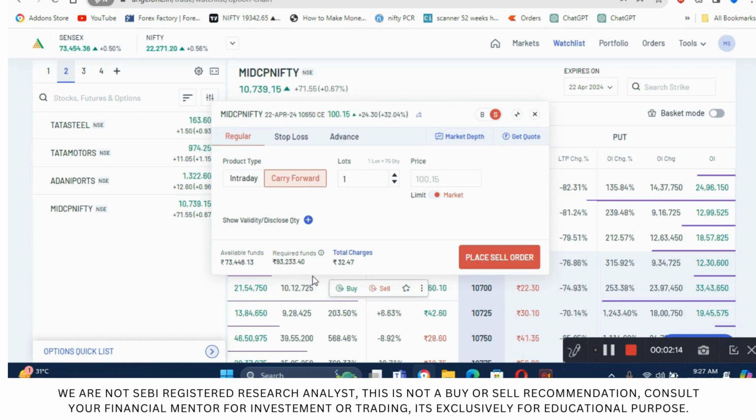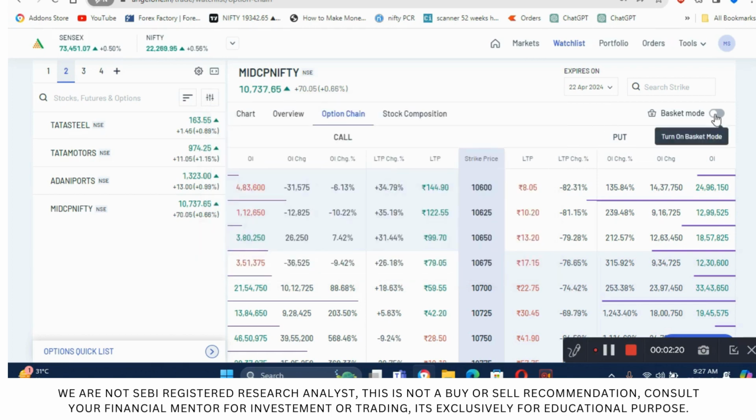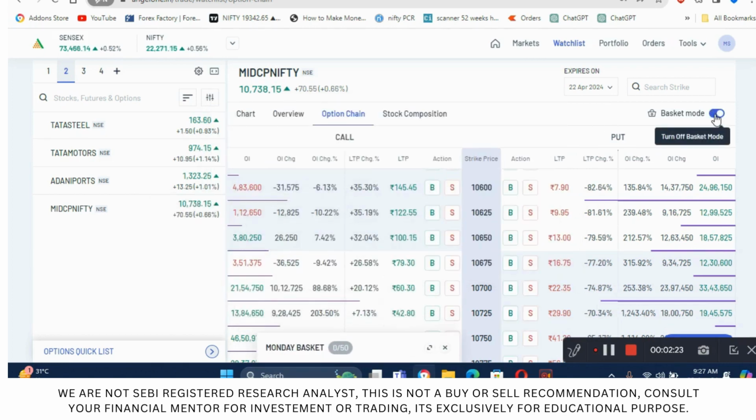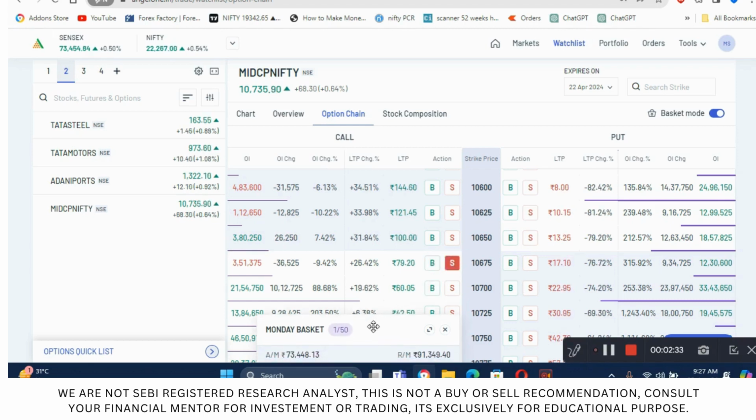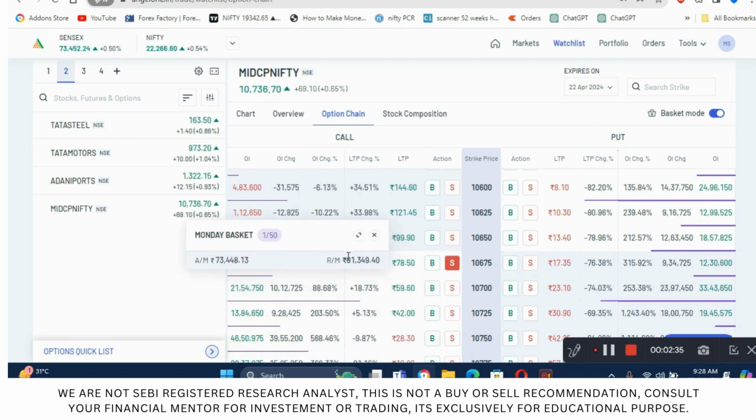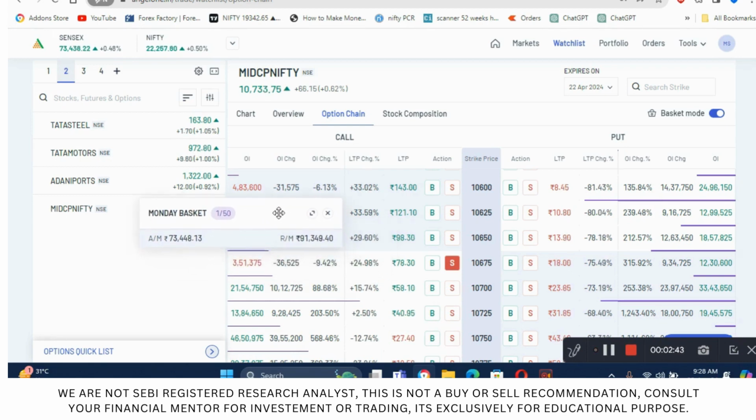Now if I'm not doing naked selling and want to hedge the position, I should turn on this basket mode and select the same option. You can see I took this one. It's showing 91,000 required margin.